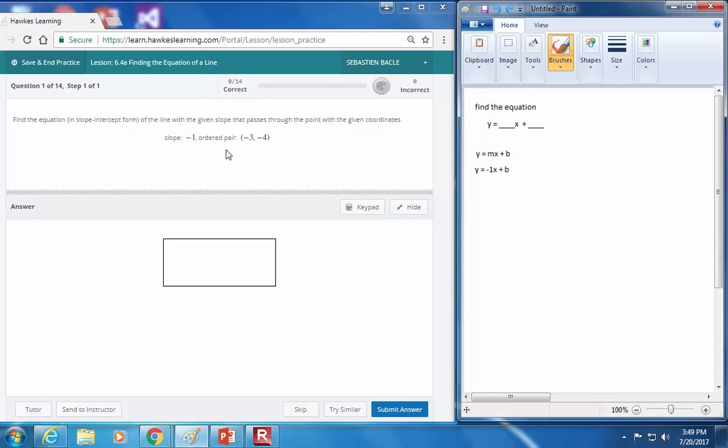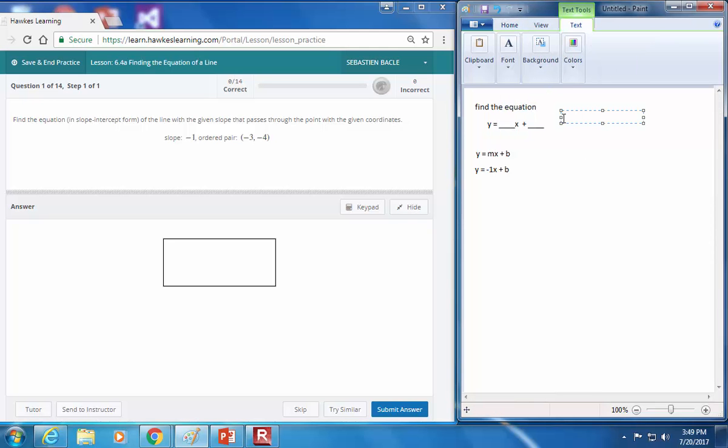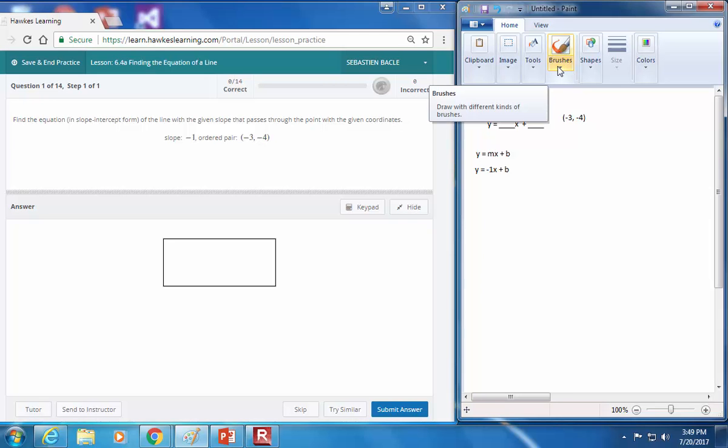So next up, I've got an ordered pair, negative 3 and negative 4. So negative 3, negative 4 is my ordered pair. And I chose this particular question to start out with because there are a ton of negative numbers in here, and really you always have to be careful with those. The negative numbers cause more mistakes than just about anything else.